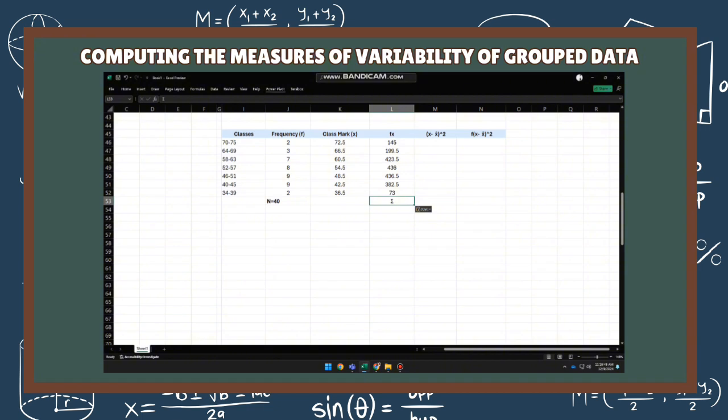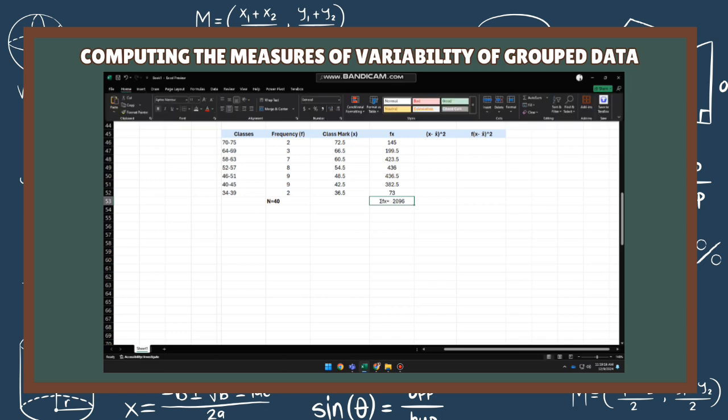So, the total natin siya. So, the summation of frequency times class mark is equal to 2,096. So, ayan yung ating sum.